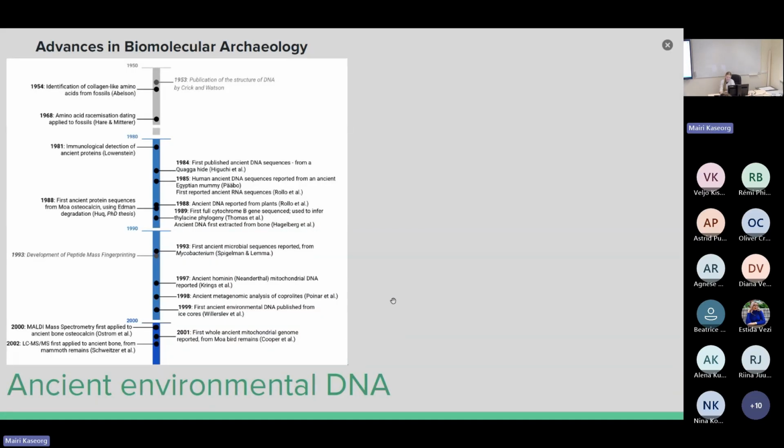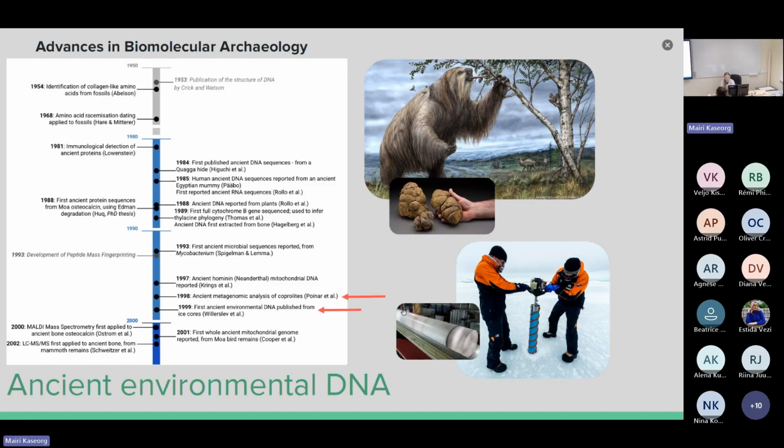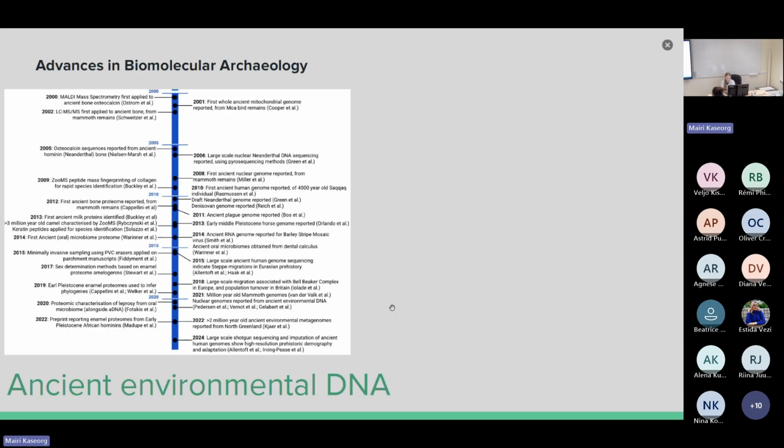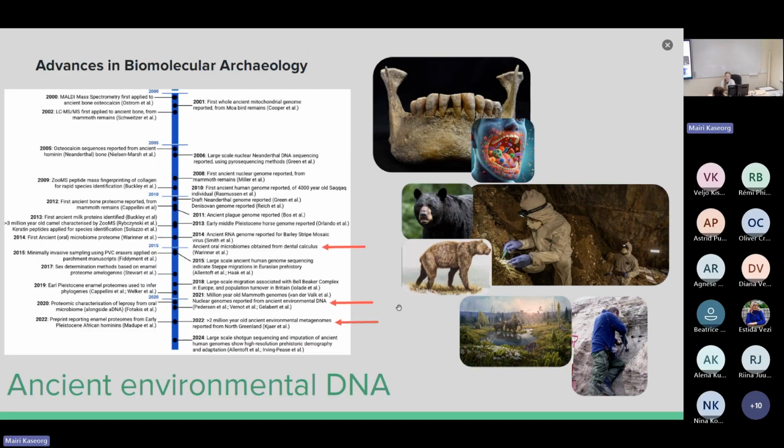And so when we look at what has happened in biomolecular archaeology through time and then focus on the environmental DNA part, actually the first studies already happened at the end of the last century. But recently there have been big breakthroughs.